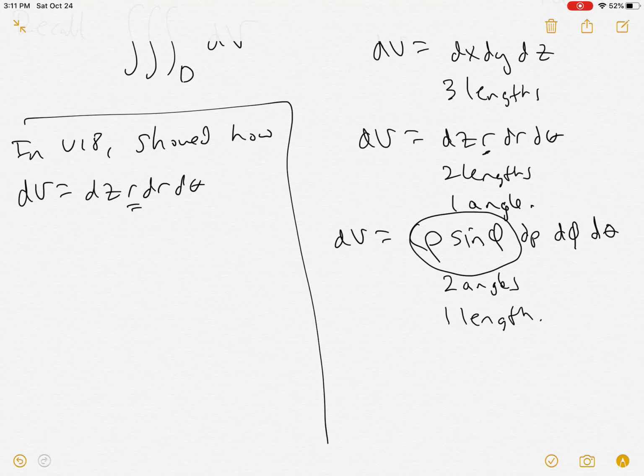And it was really intense. I had to build these little sectors that looked like this, and they had a little height, and I had to figure that out.